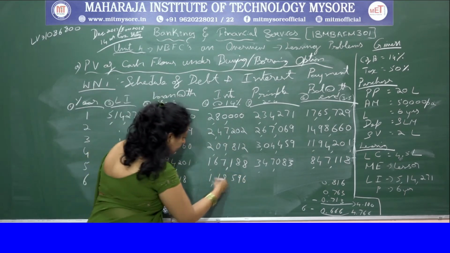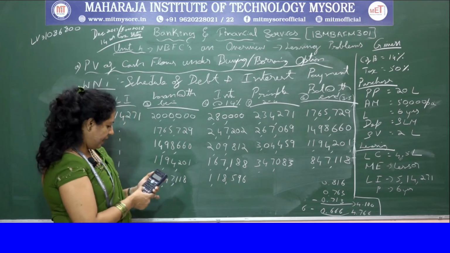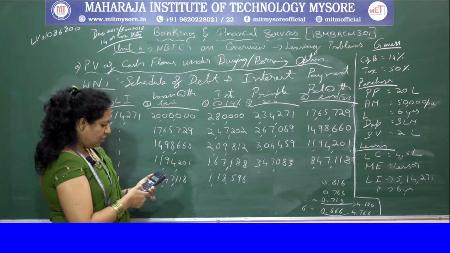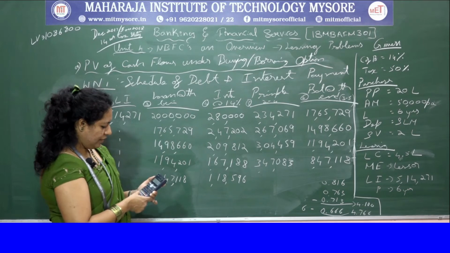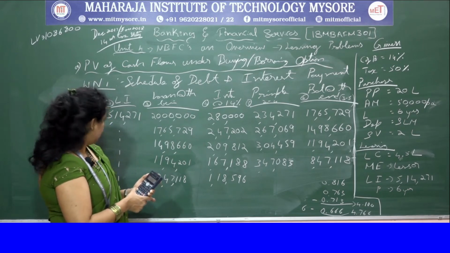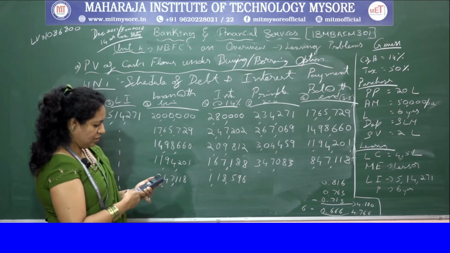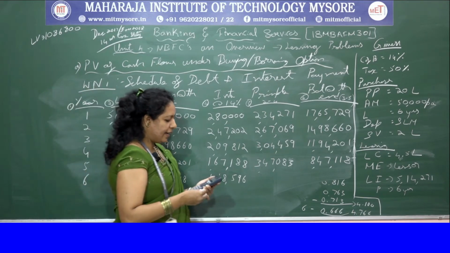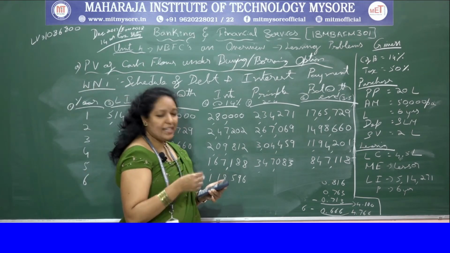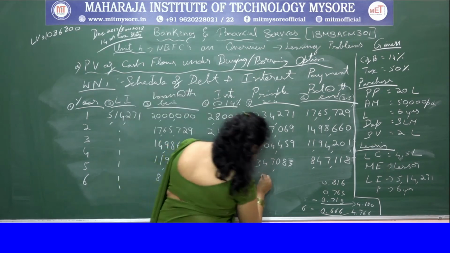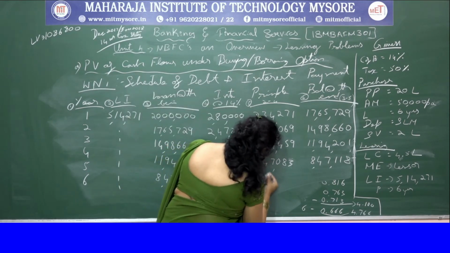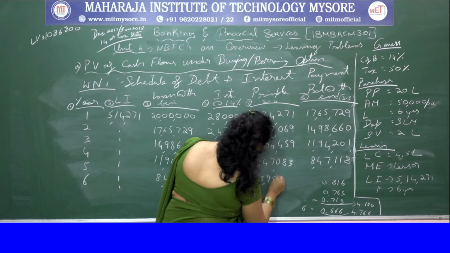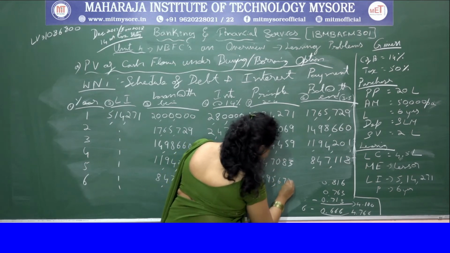From this minus 8,47,111. Oh, sorry. 5,14,271. I got 3,95,675.